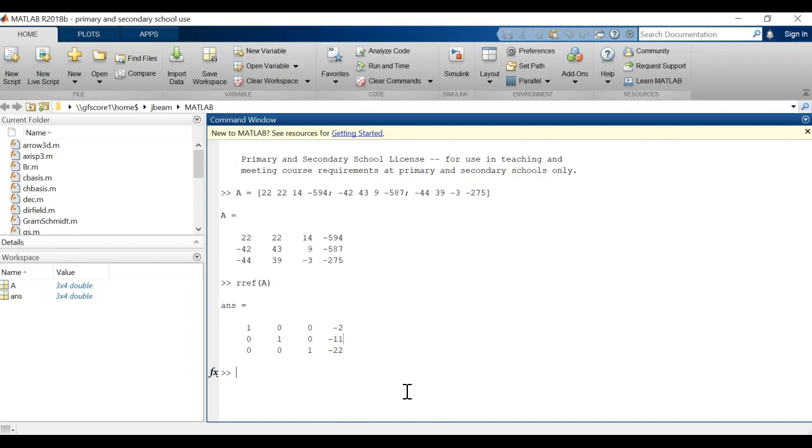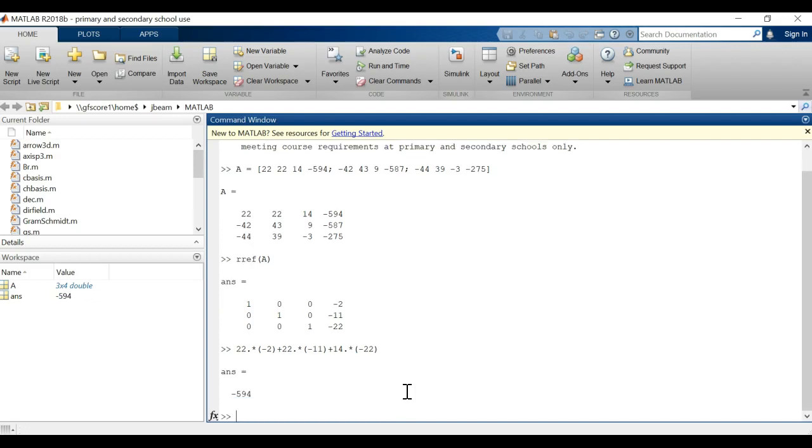Now I can check this. I can take 22 times -2 plus 22 times -11 plus 14 times -22, and if this is the solution, then I should get -594, which I do.